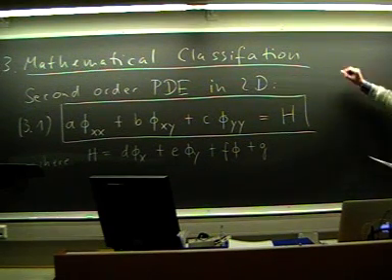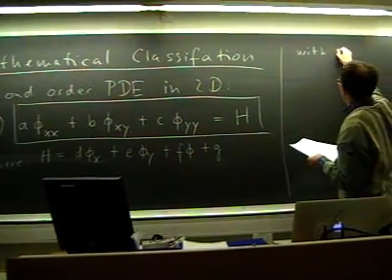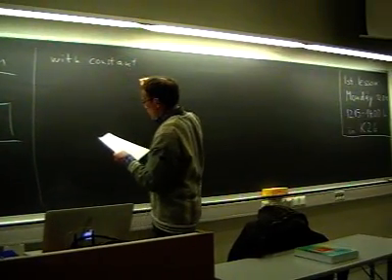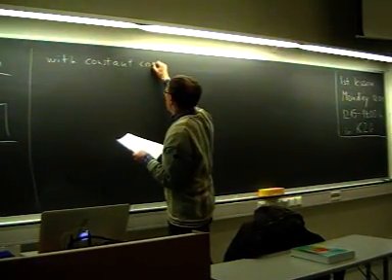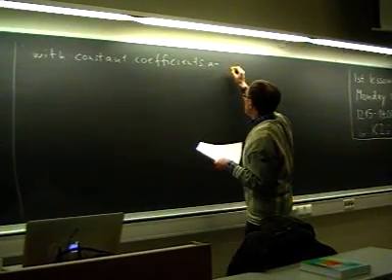And these coefficients are, in the simplest case, constant. With constant coefficients, it is a to g.